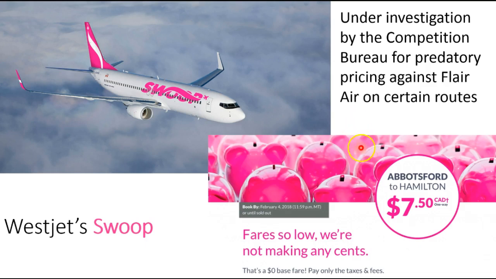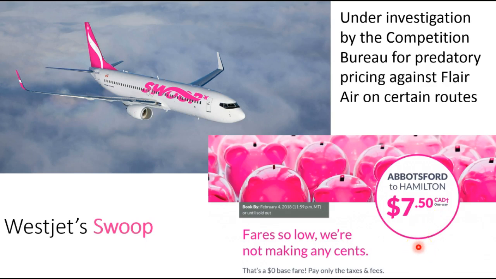And I found this example of one of their fares on their website. Abbotsford is a city in British Columbia, and Abbotsford to Hamilton is quite a long way, and they're advertising this for $7.50, which looks like a pretty low fare.